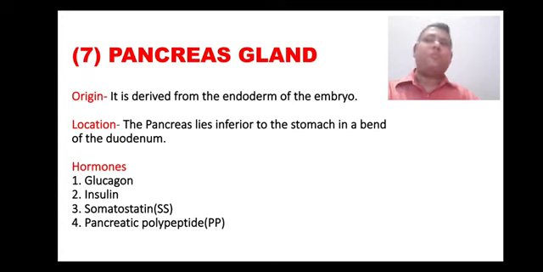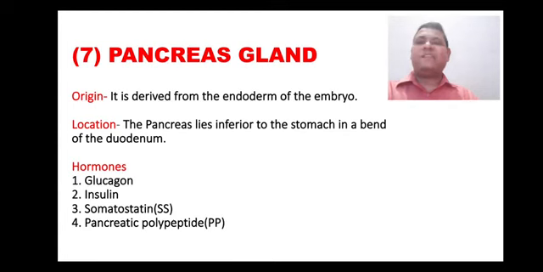Glucagon is also called the anti-insulin hormone. Its target cells are the cells of the liver and adipose tissues. Insulin is antagonistic to glucagon and converts glucose into glycogen in the liver and muscles.